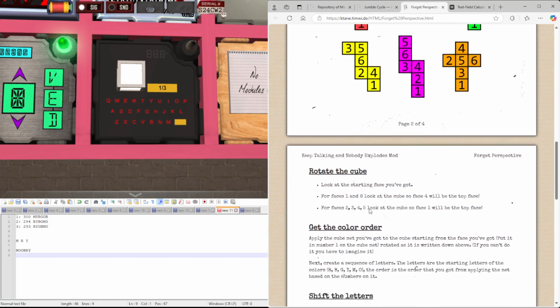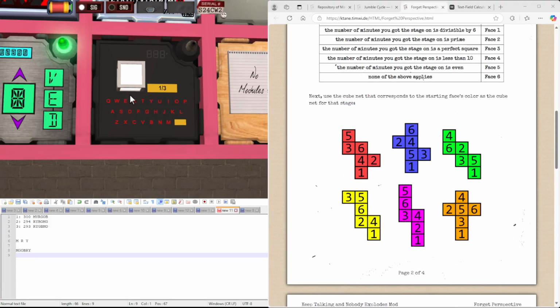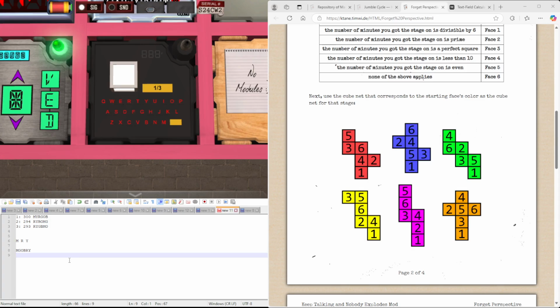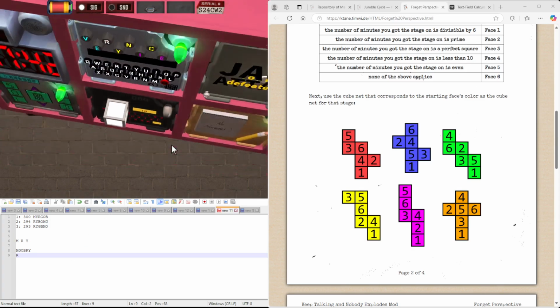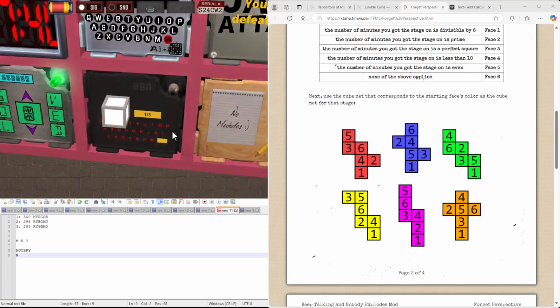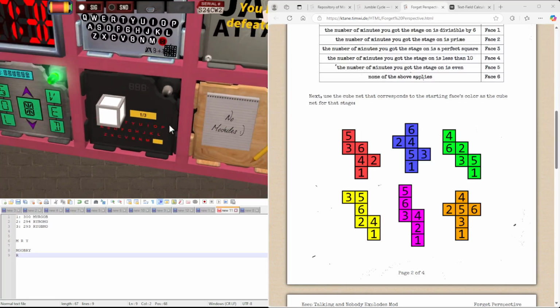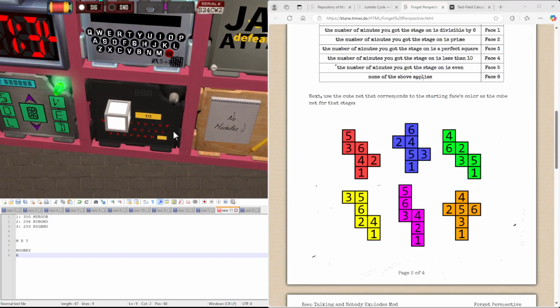And we had base 1 again. Red. So red. Going up and left, so number 1.